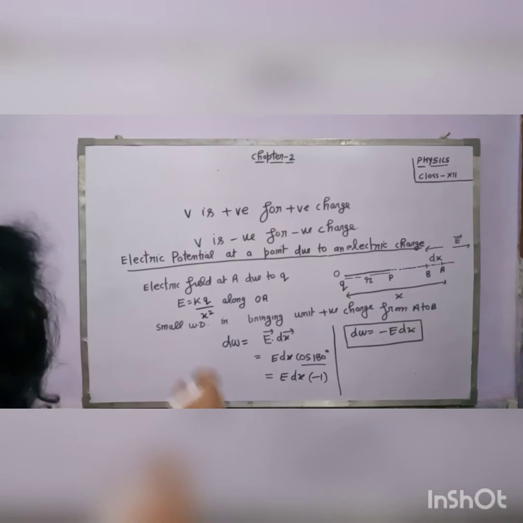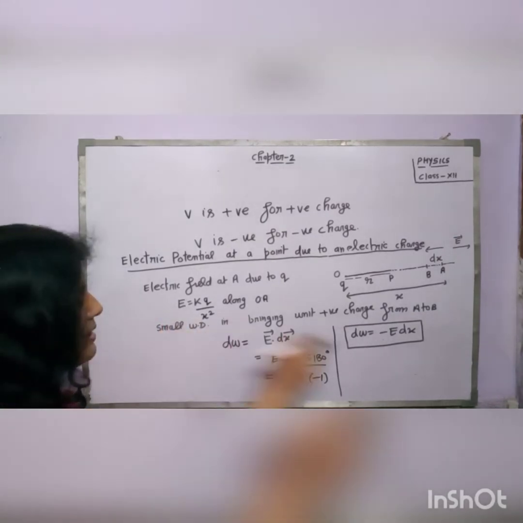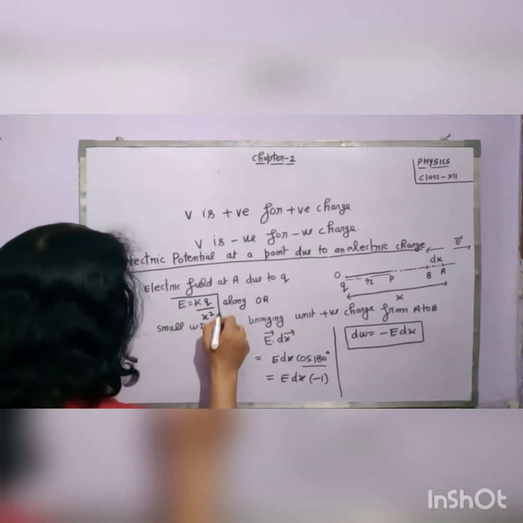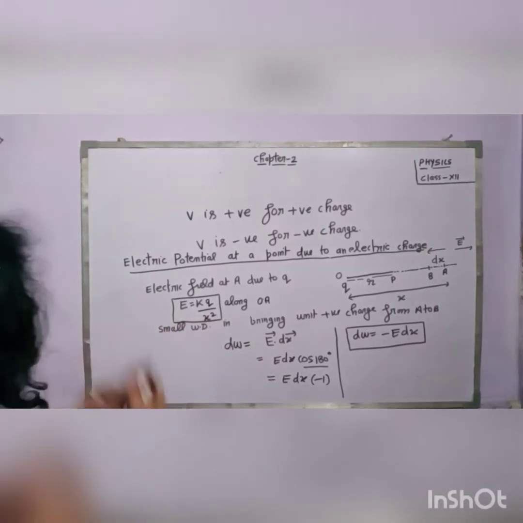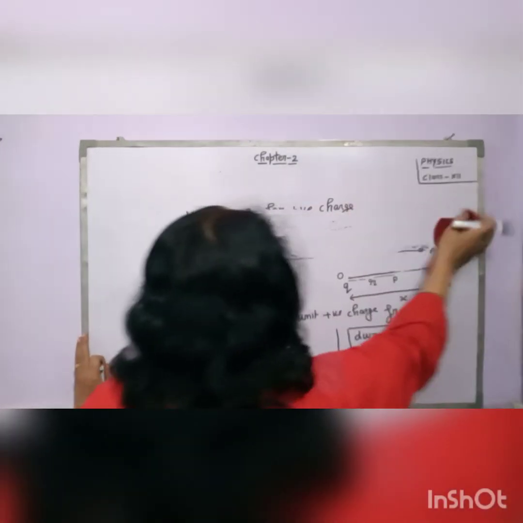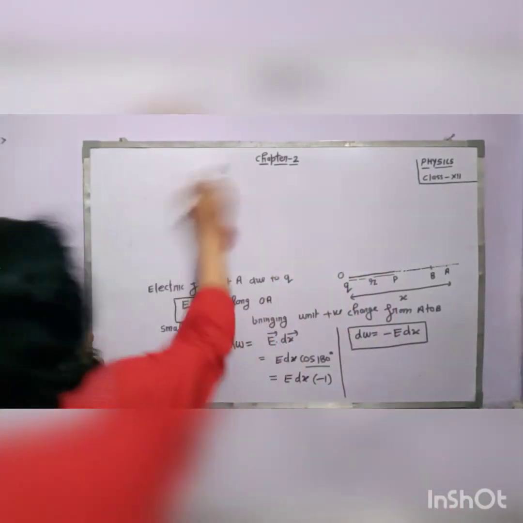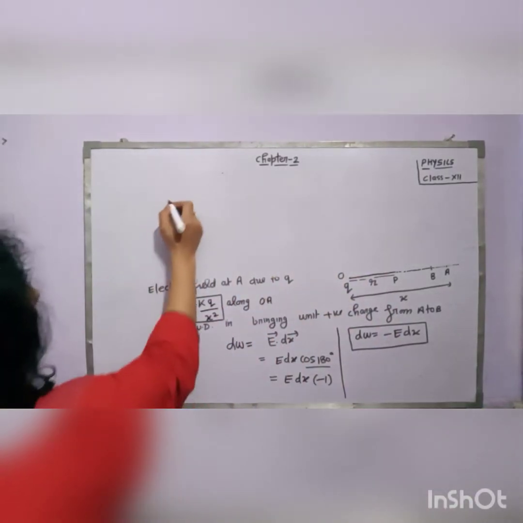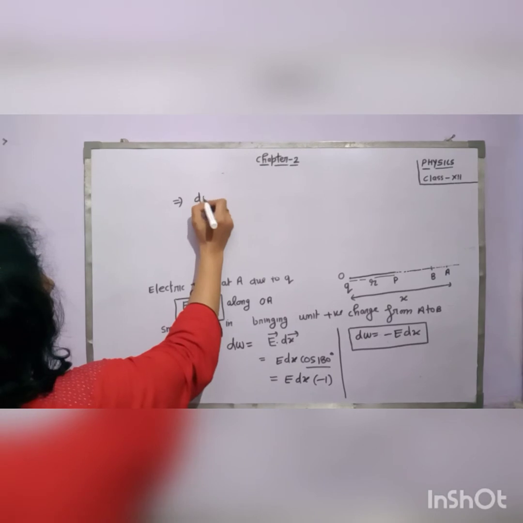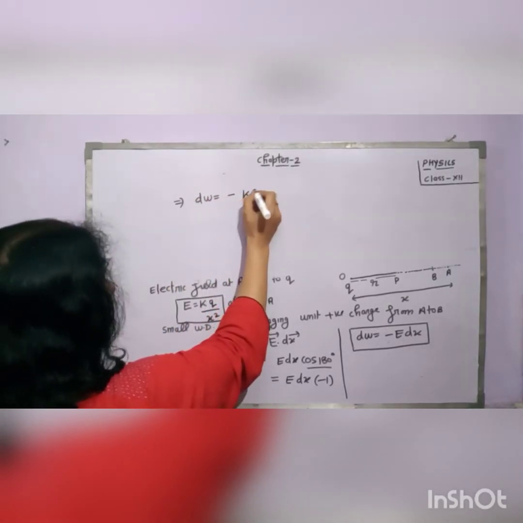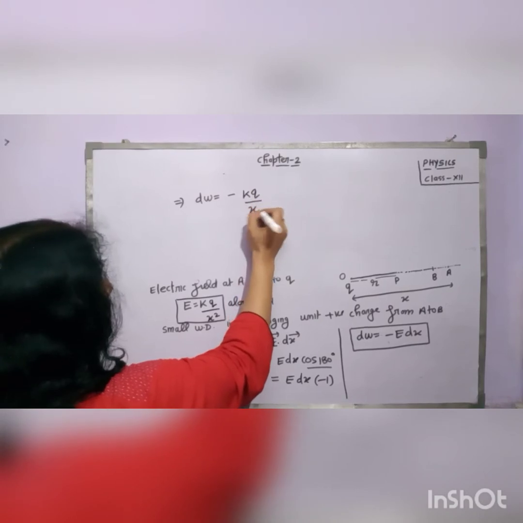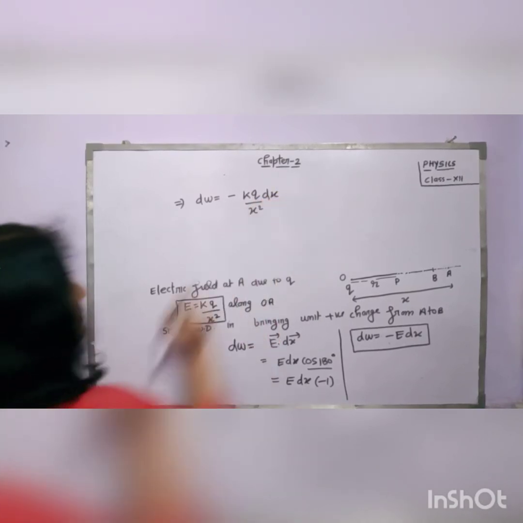Now you can substitute the value of E from the earlier expression. Comparing these two equations, we can write it directly. That means dW is equal to minus kq upon x square dx.